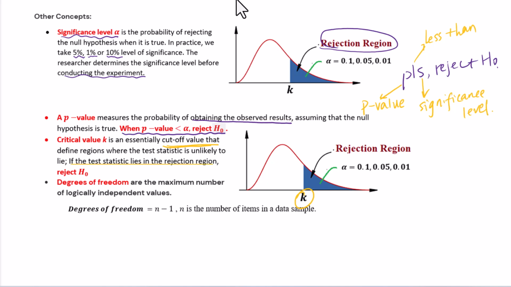If the test statistic lies in the rejection region, reject H0, which means test statistic greater than K, reject H0. You can remember these two together. This is a greater than. Here is a less than.